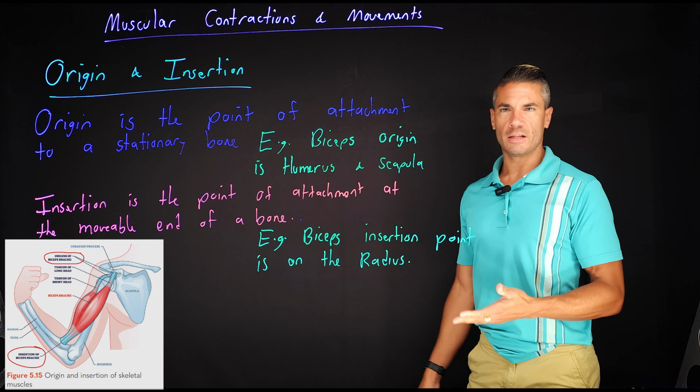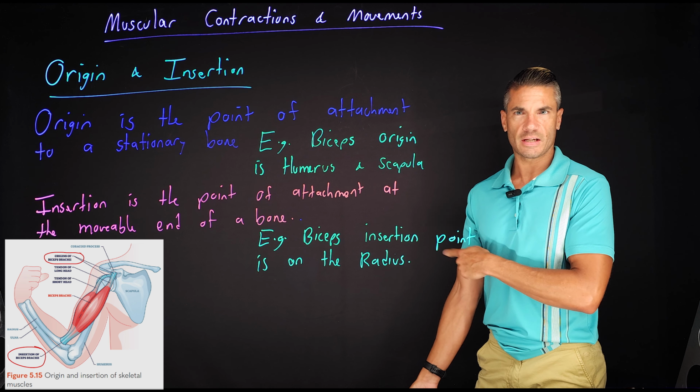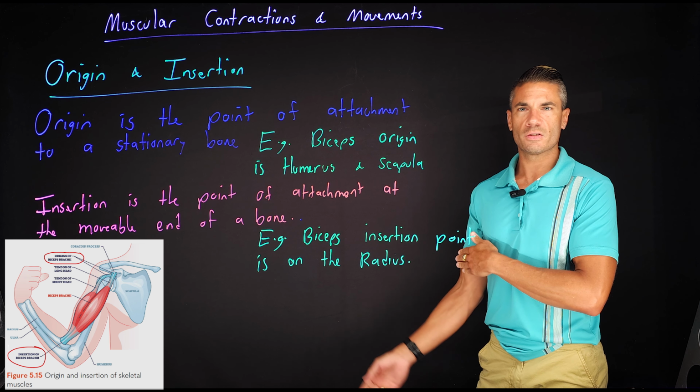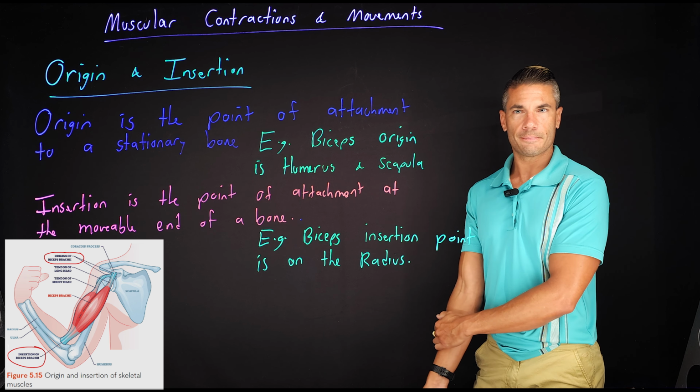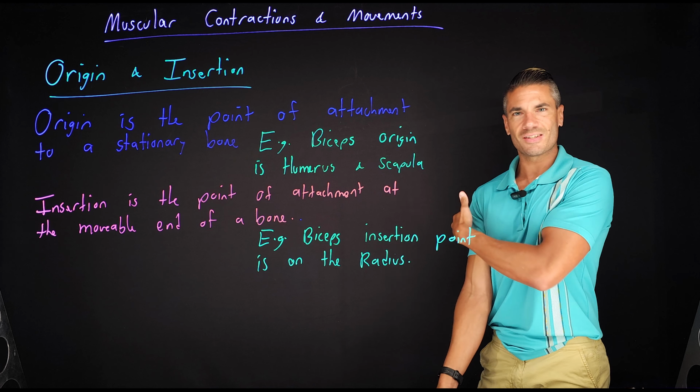So we're going to use biceps again because they're the most visible example. When you flex your bicep, what part of the body moves? The lower arm, okay? This is the movable bone, so we know the insertion point has to be down here somewhere. The bicep is on your humerus, and when you flex your bicep, your humerus doesn't move, so it is the stationary bone.